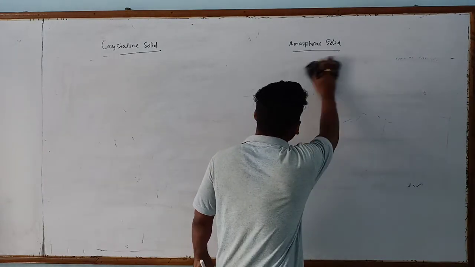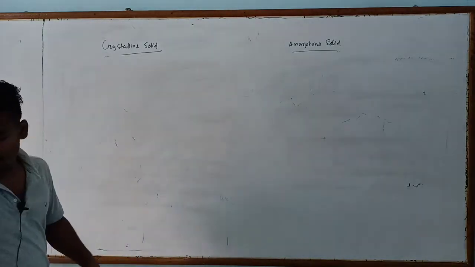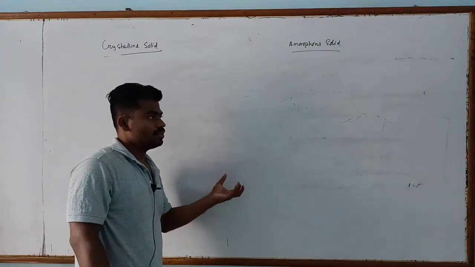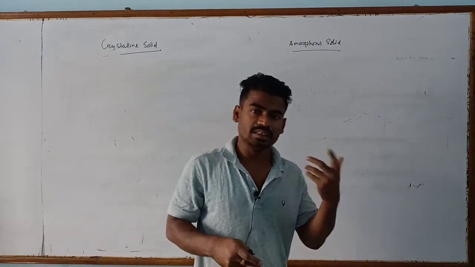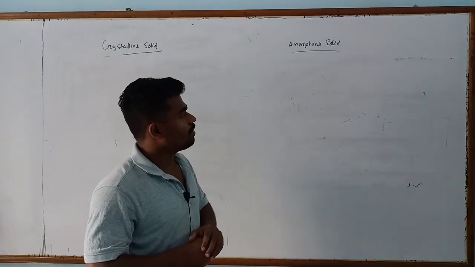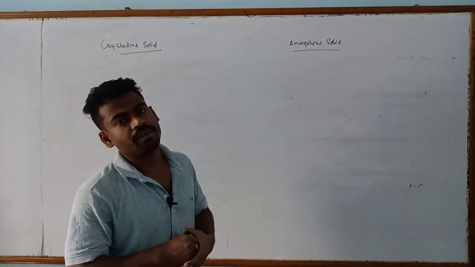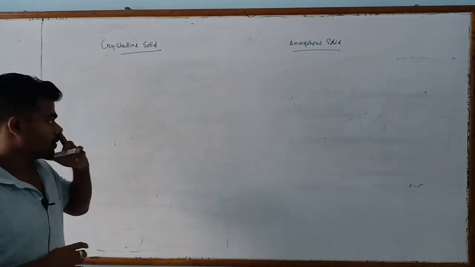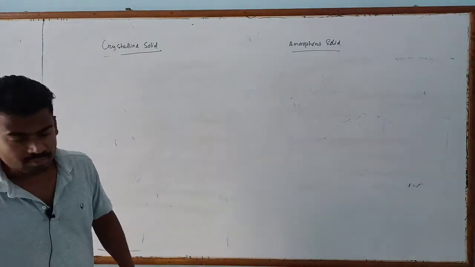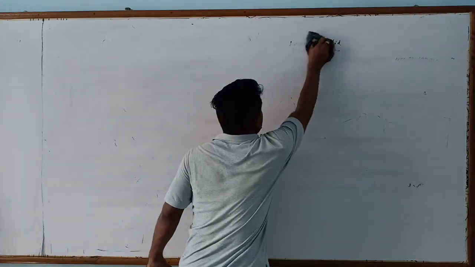Due to such regular arrangement, when you cut a crystalline solid with a knife, a very sharp piece is obtained. But an irregular piece is obtained in case of amorphous solid due to the irregular arrangement of particles. Okay, very important, you should know the characteristics of crystalline solid and amorphous solid.